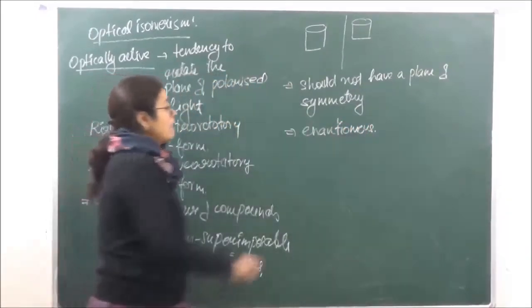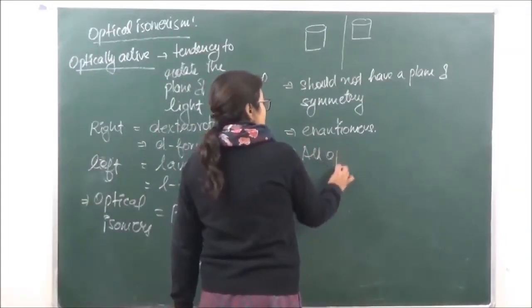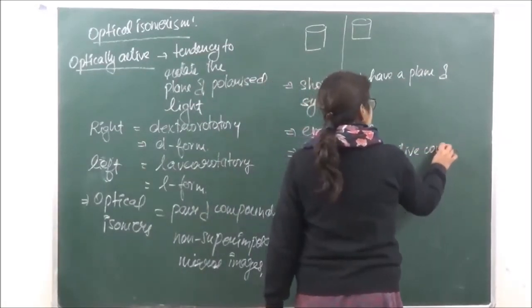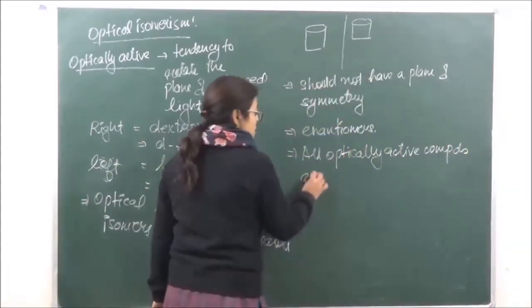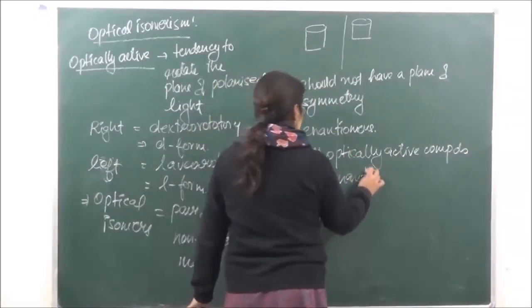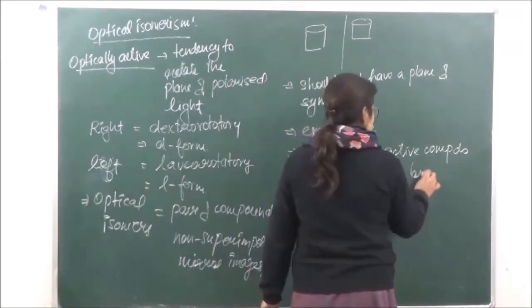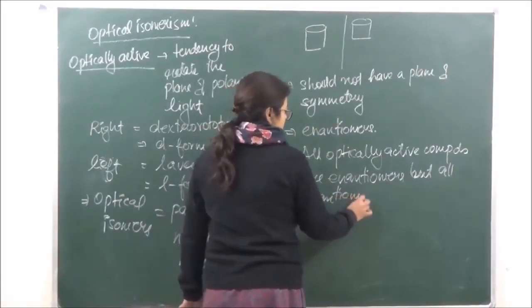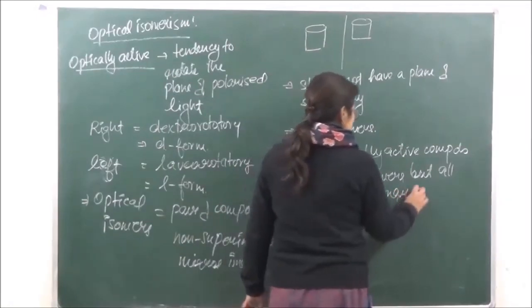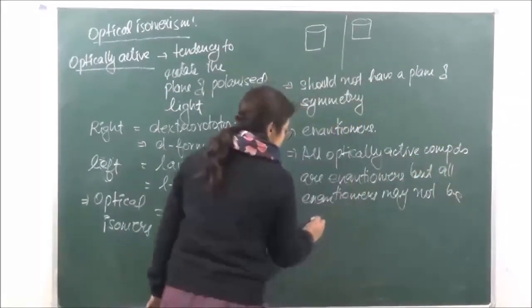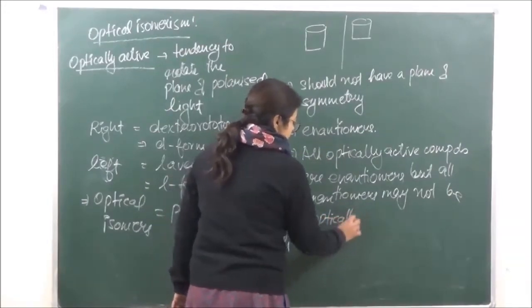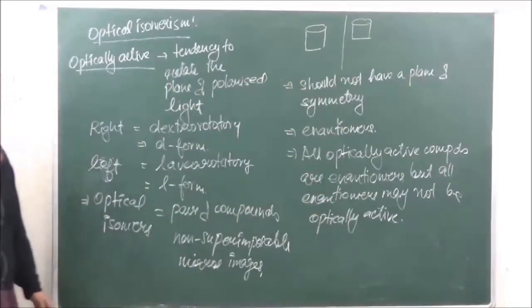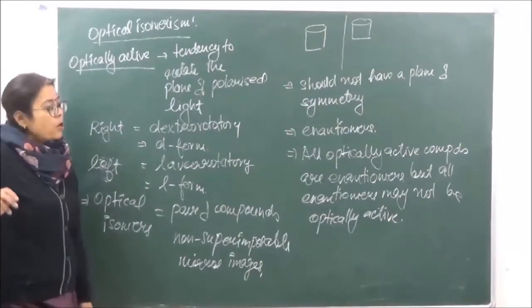But also remember that all optically active compounds are enantiomers, but all enantiomers may not be optically active.